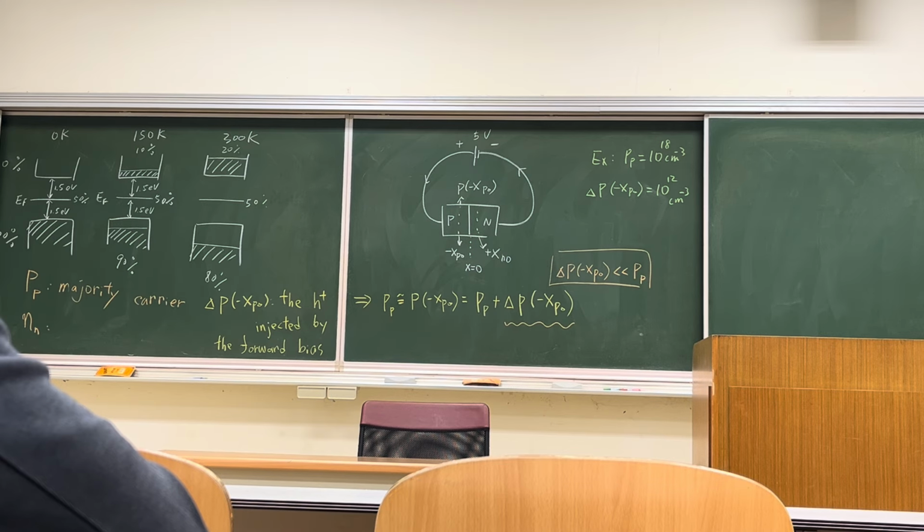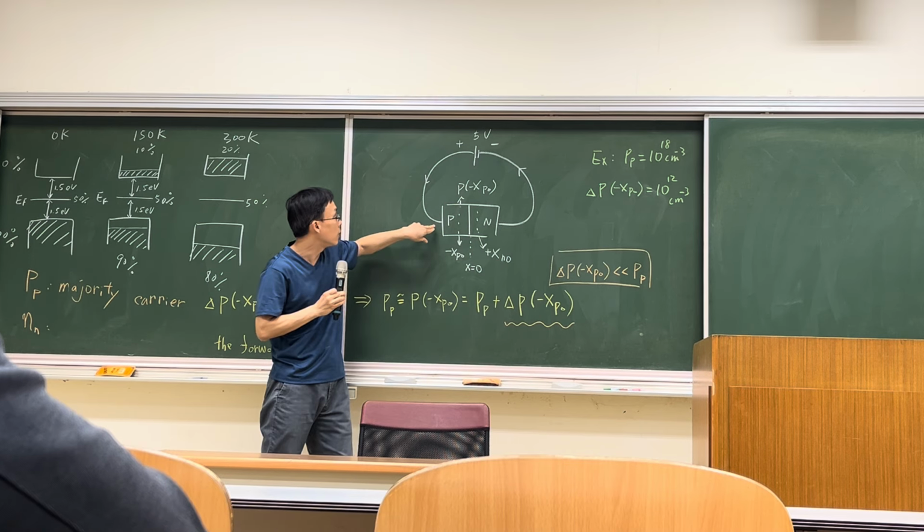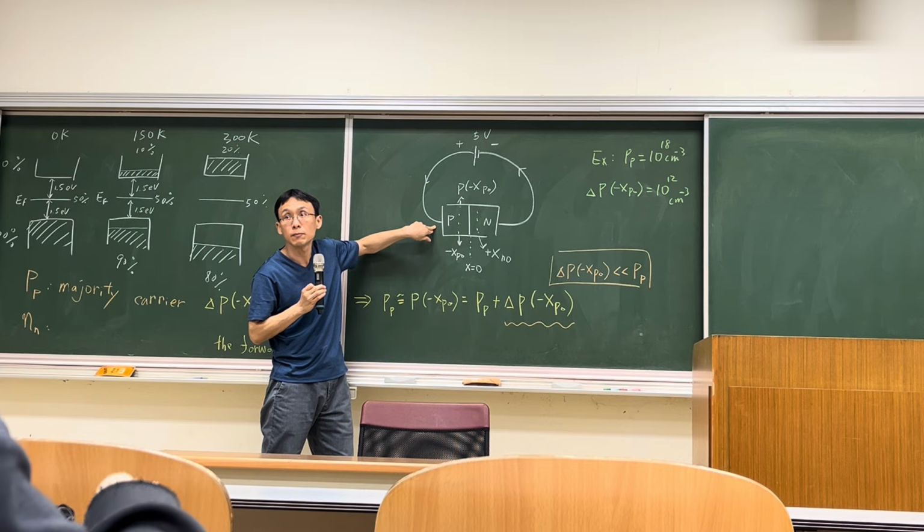If any one of these assumptions is broken, the three equations are not correct. So that's the third assumption, which means you have a moderate injection, meaning the injected electrons or injected holes, because electrons are injected from the N region and the holes are injected from the P region, right?